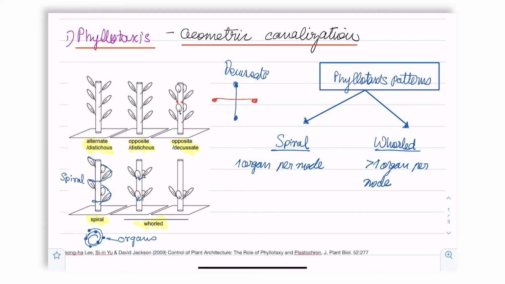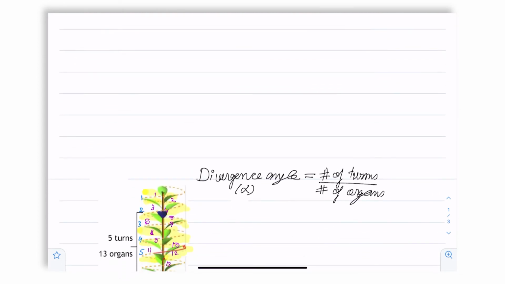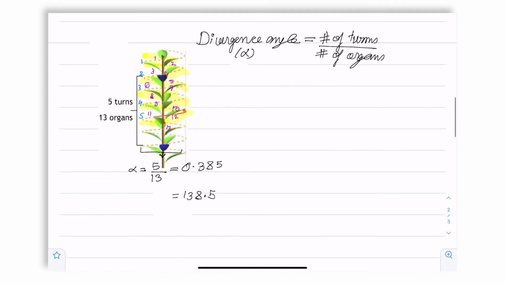But sticking with the geometry, we need to define a few terms. So the first term we're going to define is the divergence angle, which is the angle between two consecutive organ primordia.